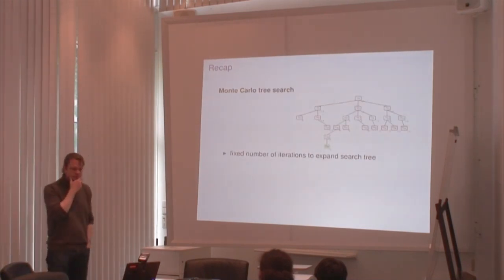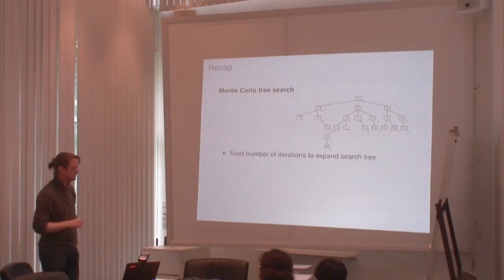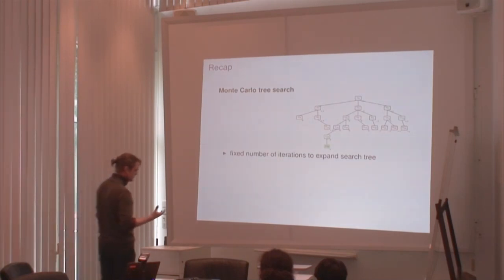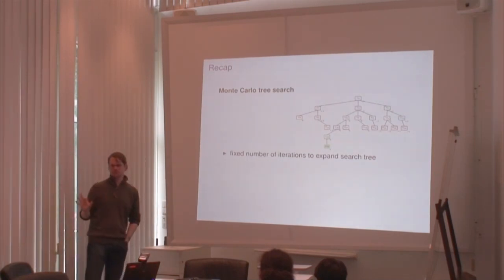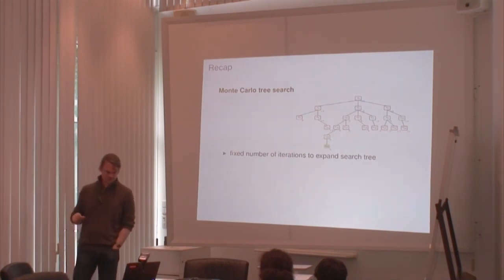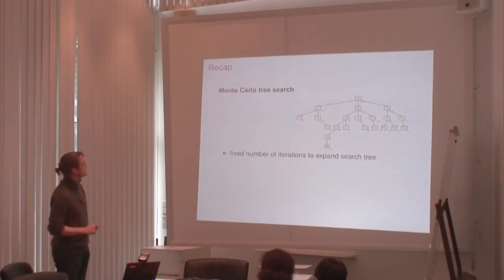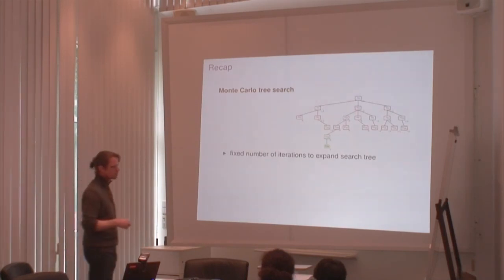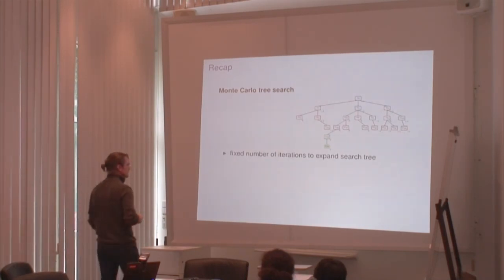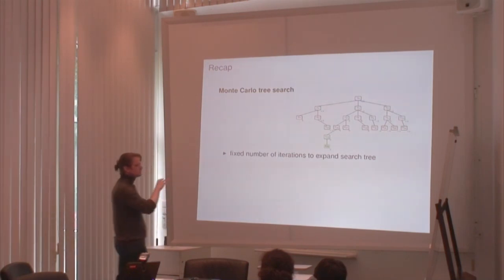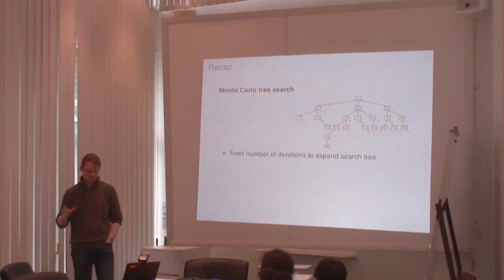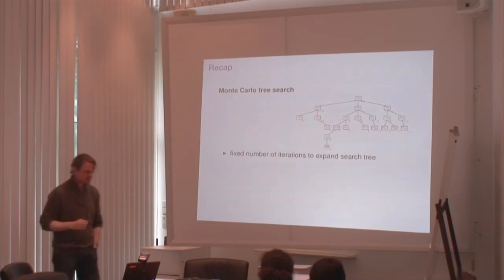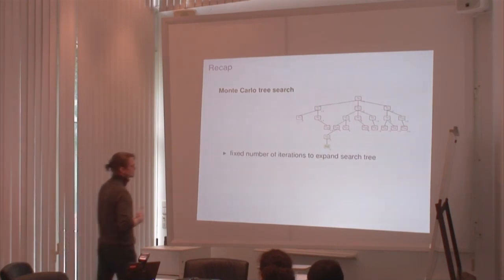Last time we spent a whole lecture on the idea of Monte Carlo methods, in particular, of course, in the context of tree searches. And there is this idea of Monte Carlo tree search, and that is one of these probabilistic approaches. The major benefit of this approach to tree search is that it requires a fixed number of iterations to expand the search tree.